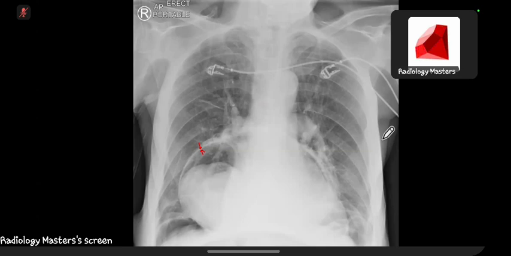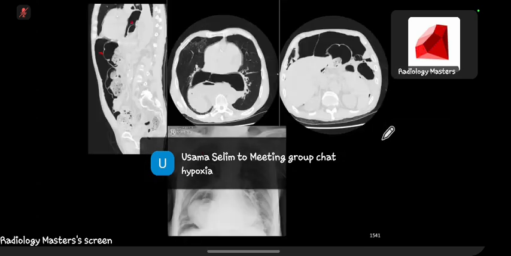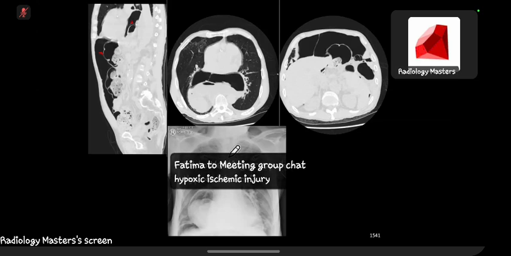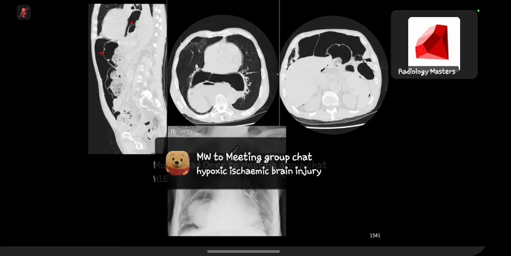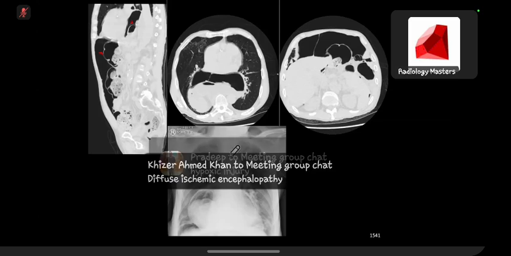Okay, this patient had an out of hospital cardiac arrest. Any thoughts? Hypoxia, day 1, day 5, day 6. We're losing the Sylvian fissure because of cerebral edema.